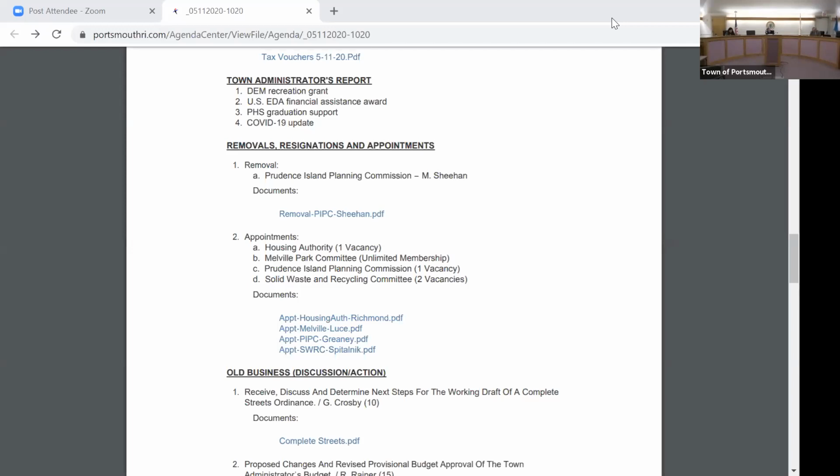Another program I'd like to emphasize in this report is the Micro Enterprise Stabilization Program, the Micro-E program. The Rhode Island Office of Housing and Community Development and the United States Department of Housing and Urban Development are offering working capital grants under the Community Development Block Grant Program to qualifying small businesses or micro enterprises, which have been adversely impacted by COVID-19.